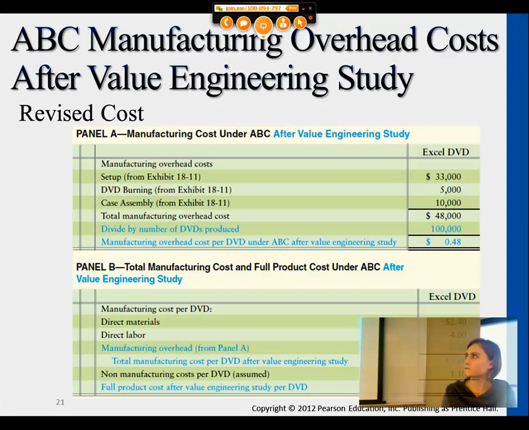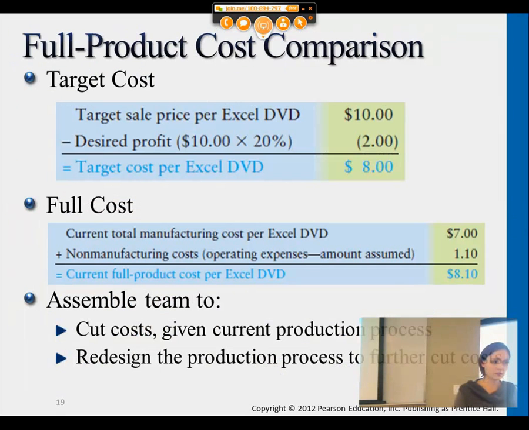Now let's add this full product cost. Full product cost is what we did right here, how we calculate this: current total manufacturing cost per DVD plus non-manufacturing cost, and this is how you find current full product cost per DVD.